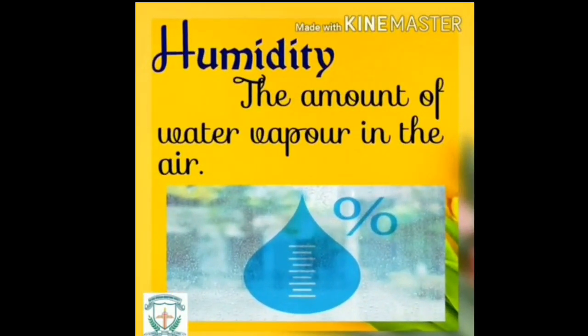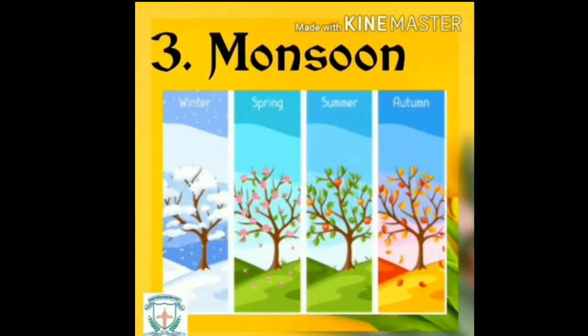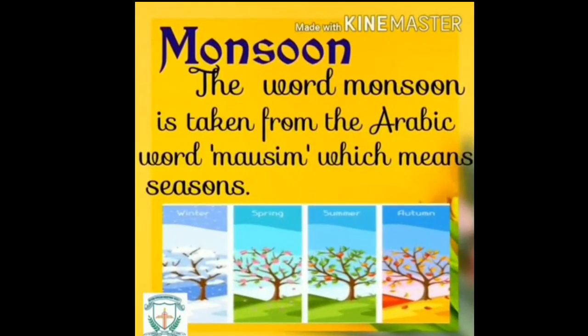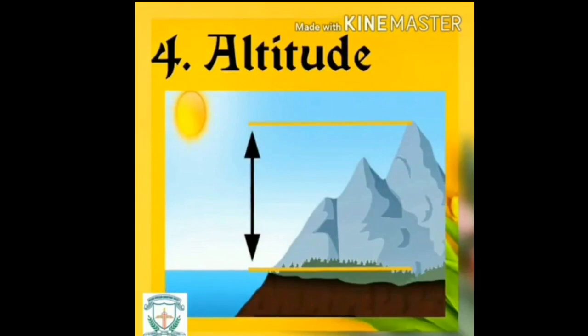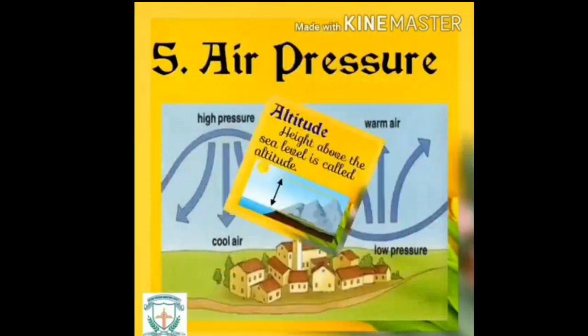The amount of water vapor in the air. Third one, monsoon. The word monsoon is taken from the Arabic word mawsim, which means seasons. Fourth one, altitude. Height above the sea level is called altitude.